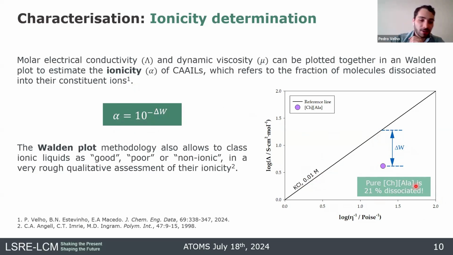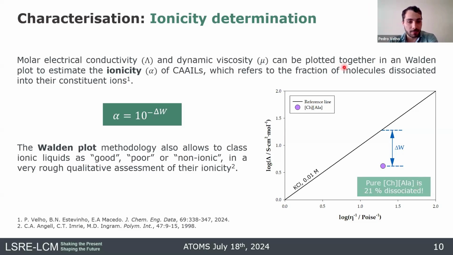So this is a very intriguing fact. It means that the ionic liquid, even though it is in pure state, is comprised of a solvent and ions. So the ionic liquid is solvating itself. You do not have a neutral molecule. You have a solvent and a cation and an anion coexisting, and 21% of the molecules are actually dissociated.